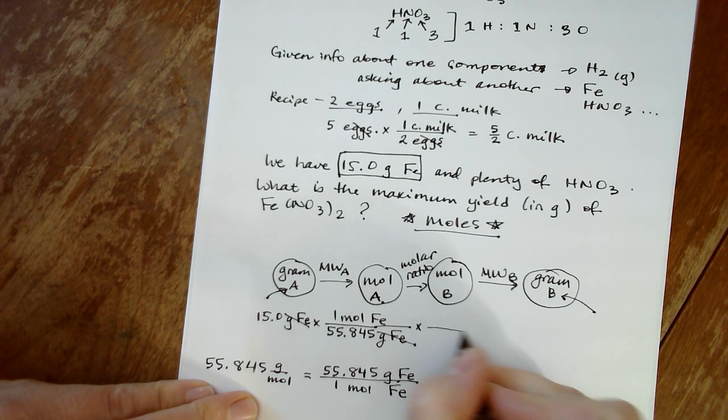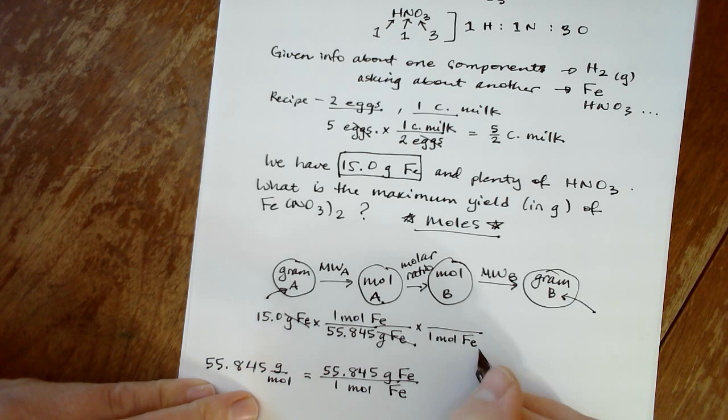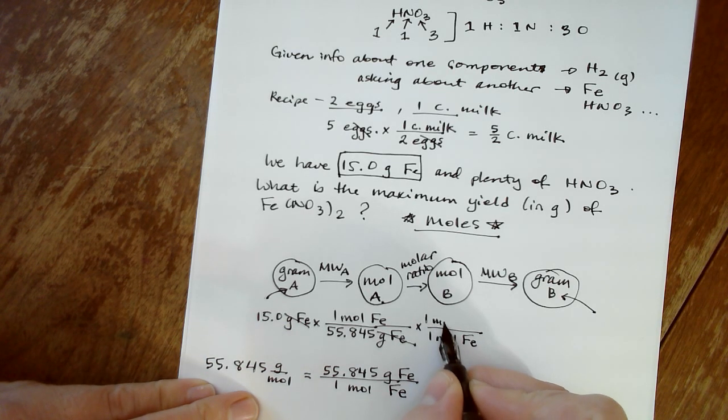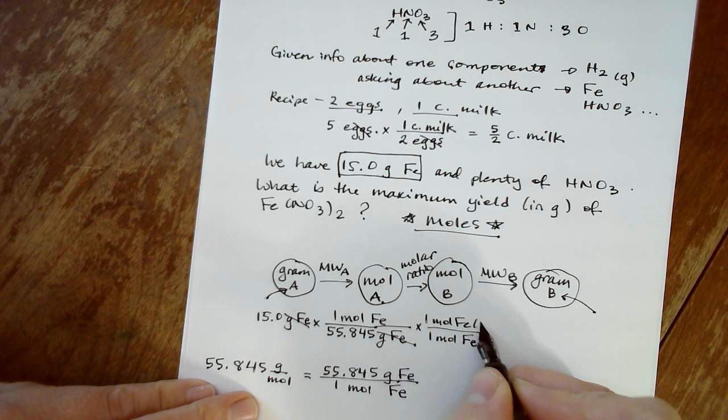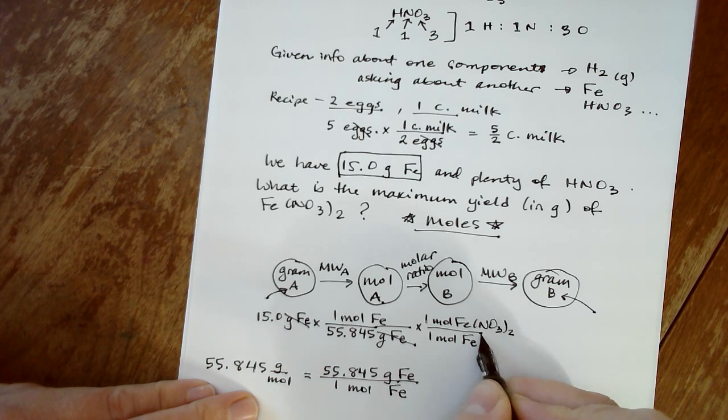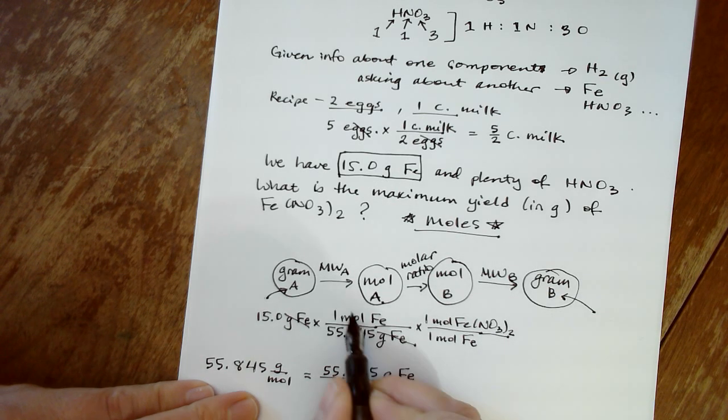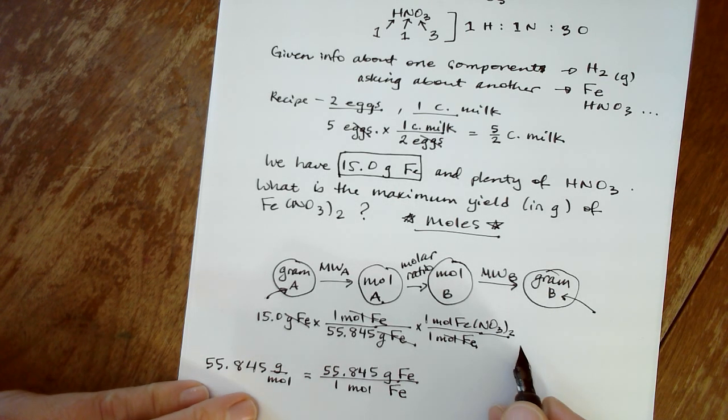So 1 mole of iron goes in the bottom so that my moles of iron can cancel, and 1 mole of iron nitrate goes in the top so that that persists.